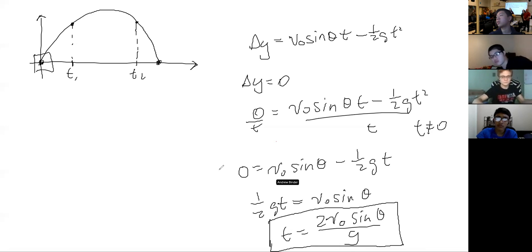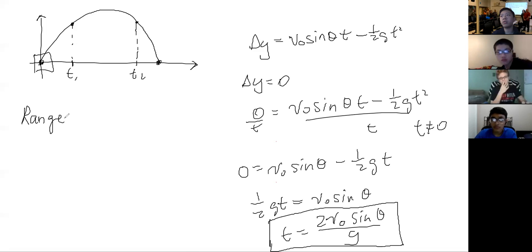Any questions on this so far? No? All right. So I guess there are some other things we can derive as well. The other two important things we can derive are the range and height of the trajectory.